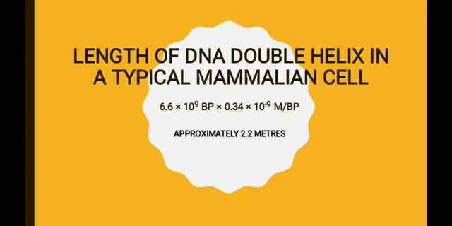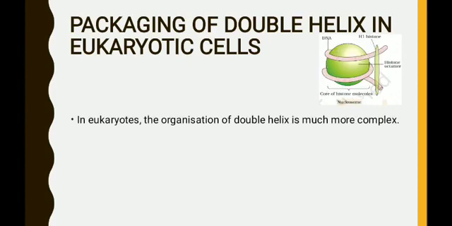So that is explained here, the packaging of a double helix in eukaryotic cells. And that packaging is explained by a very unique model, a special model, called the nucleosome model. See, this is a diagram of the packaging of a double helix in a eukaryotic cell.